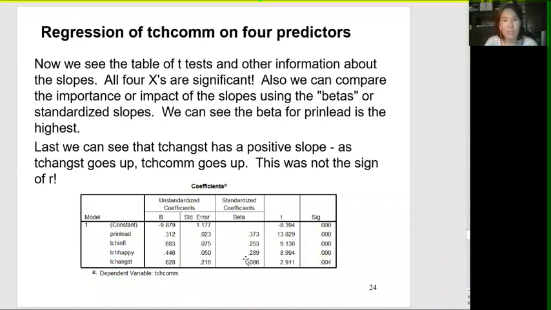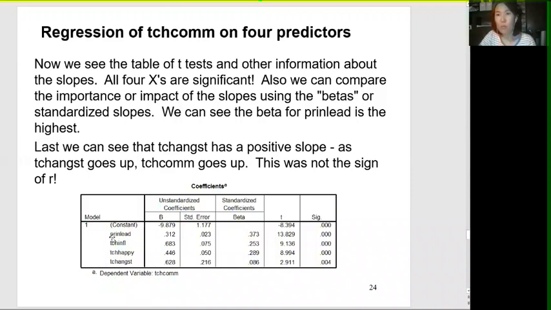All four x's are significant, yay! Okay. Also, we can compare the importance of the impact of the slopes. This is the unstandardized coefficient. We don't compare the unstandardized coefficients among the x variables because principal leadership has a different unit than teacher influence. For example, this is weight, this is height.